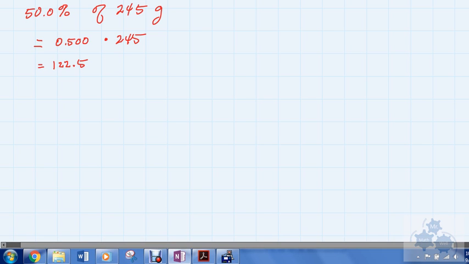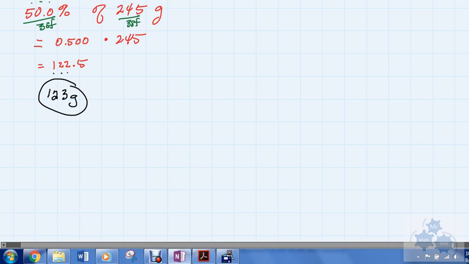And so we have 3 here, so I have to have 3 in my answer. There are 3 sig figs here, 1, 2, 3, and 3 sig figs here, 1, 2, 3. I can only have 3, so that is going to be an answer of 123 grams. We round that, right?